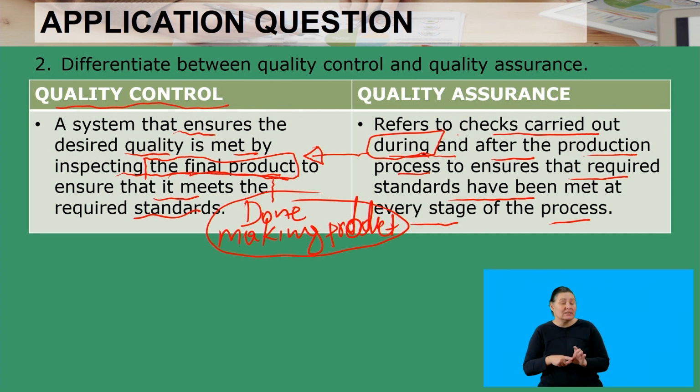But quality assurance refers to checks carried out during, while they are making the product, and after the production process, meaning after a stage, because in the process of making the product there are stages, in order to ensure that the required standards have been met at each and every stage. So this is to say stage 1, stage 2, stage 3.